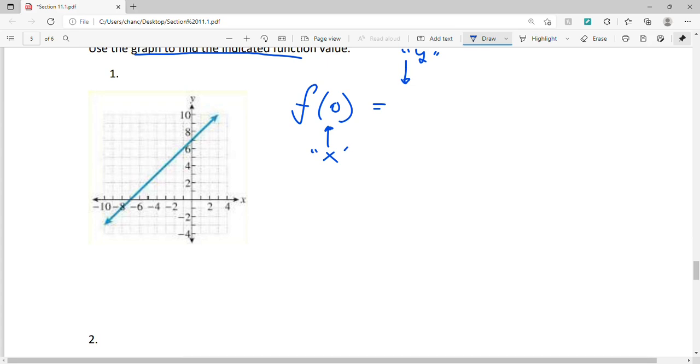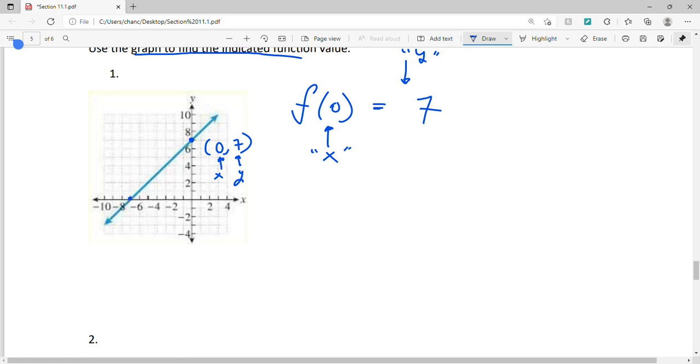So I gave you the 0 as the x coordinate, and if you look at the graph, this is the point 0, 7. This is my input x, this is my output y. So f of 0 is 7. That's the output. That's how function notation works.